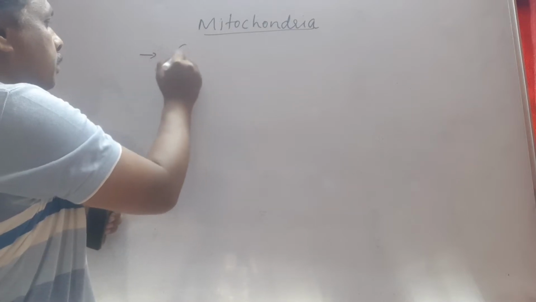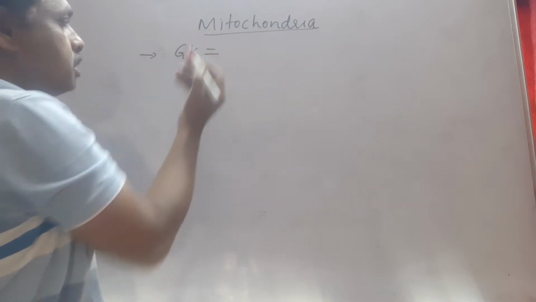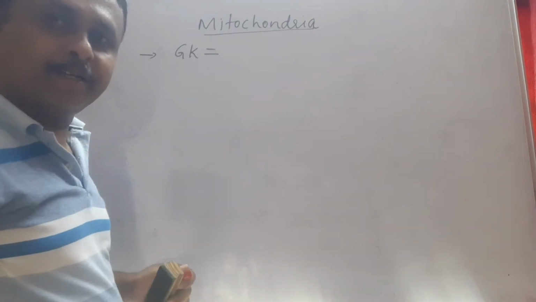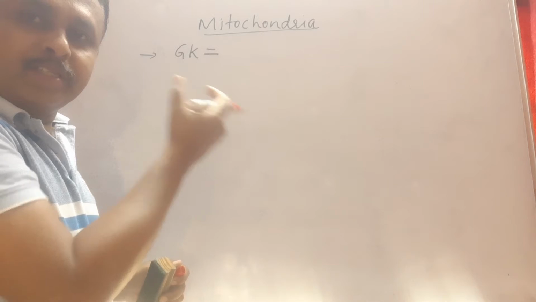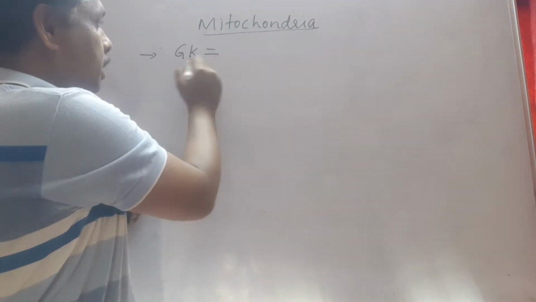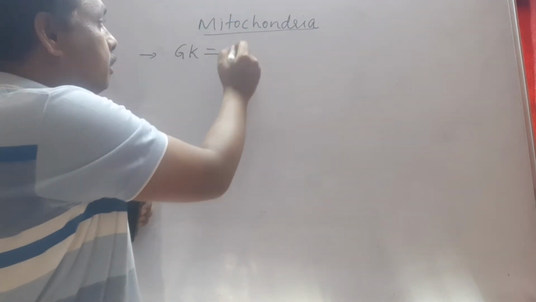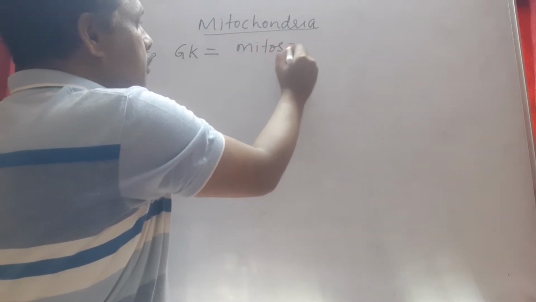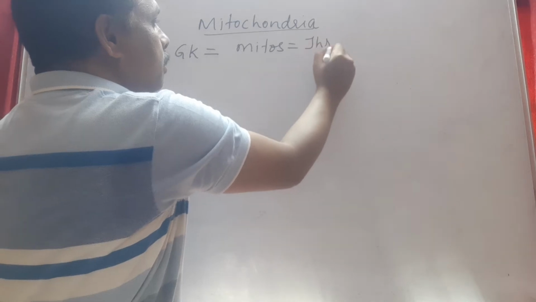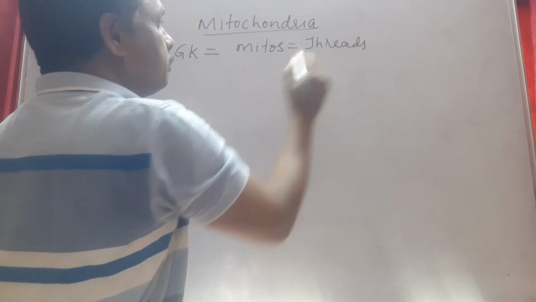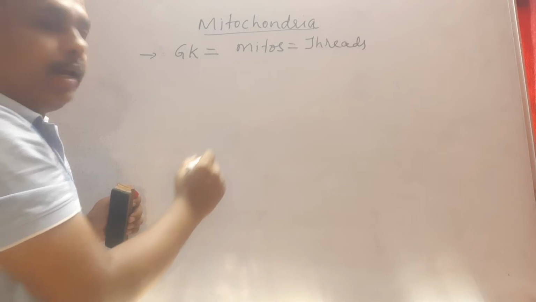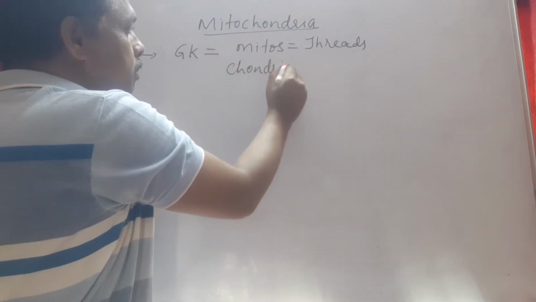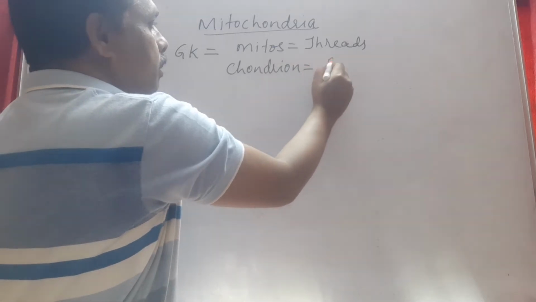In Greek, GK means Greek, not general knowledge in this particular context. The Greek word mitas means threads, and chondrian means grains.